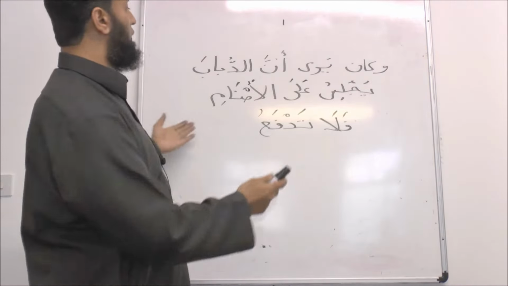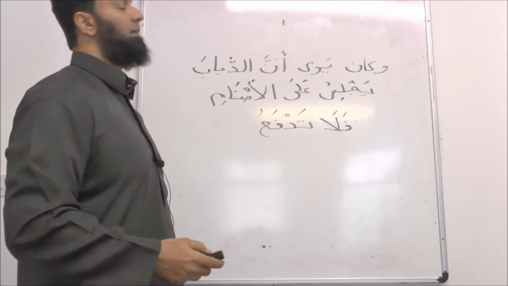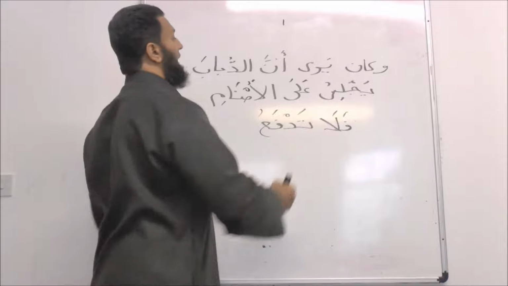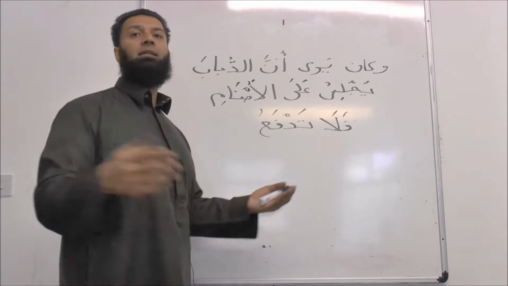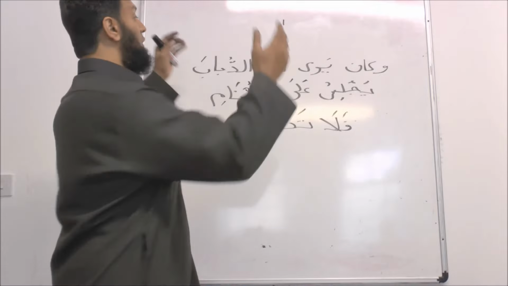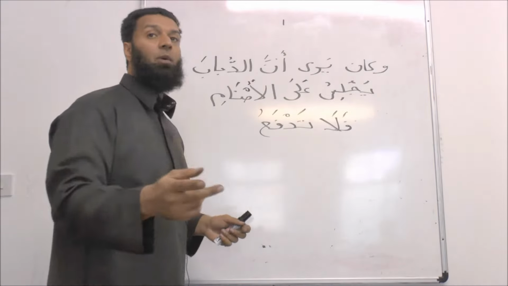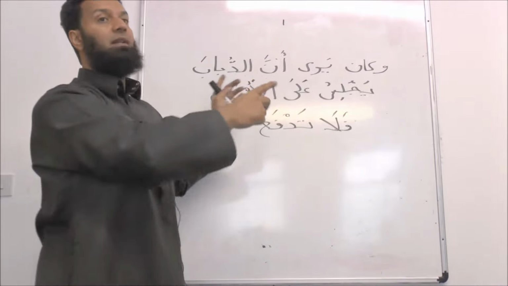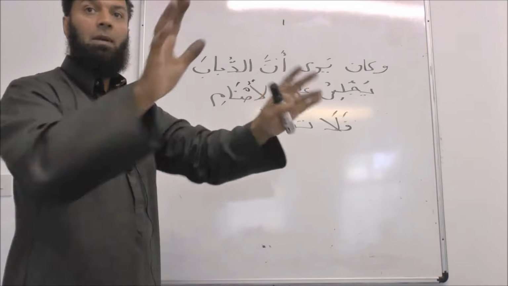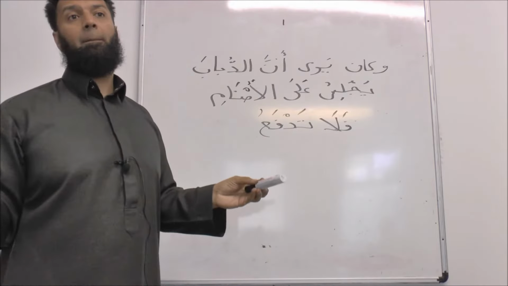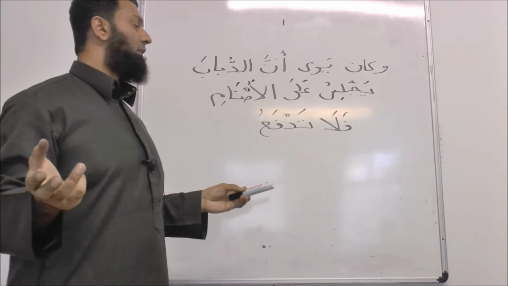So if we look at yajlisu ala al-asnami, it is a jumlatul fi'liya, right? Just by looking at that bit we know. Now that might be the khabru inna, but that's irrelevant to the fact that it's also a jumlatul fi'liya.